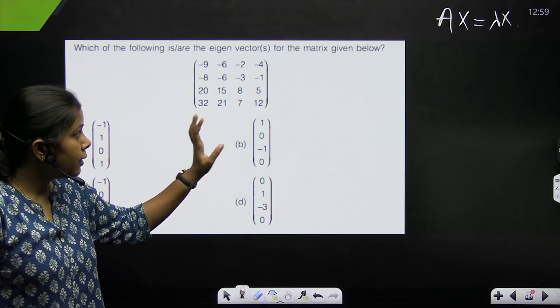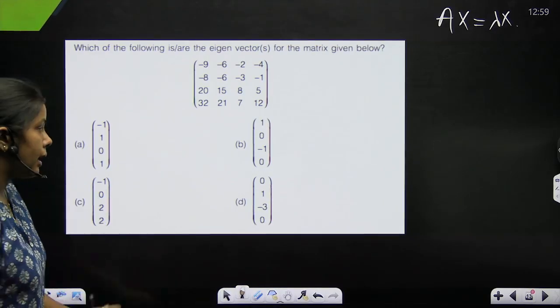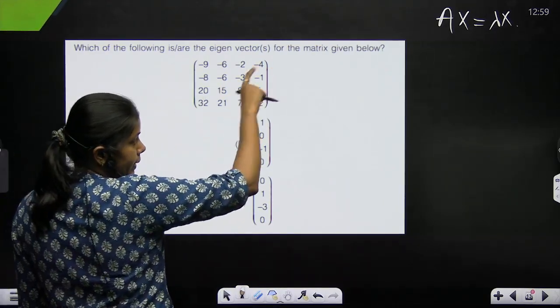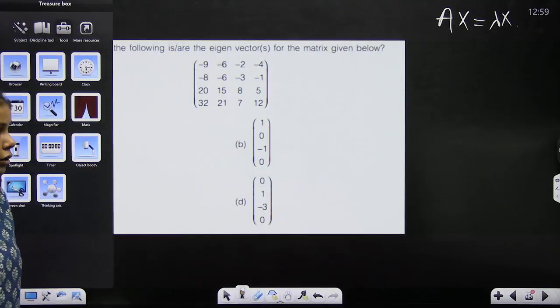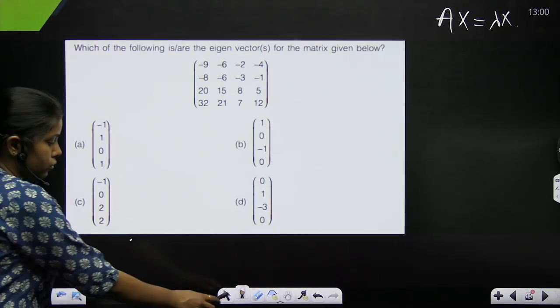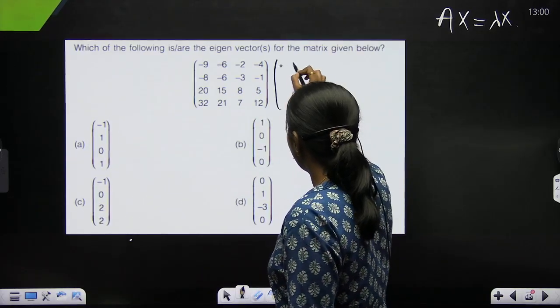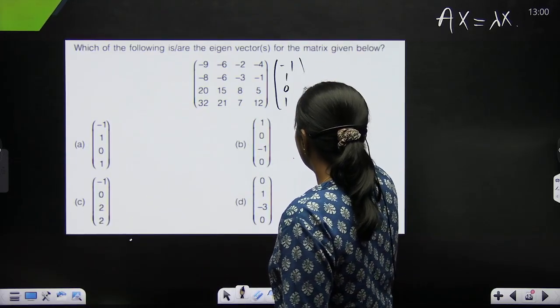So I'm going to use that. For that, I'll go through the options. I'll take this vector, multiply with this matrix and see whether I'm getting lambda x or not. And for B, C, D, I'll do the same thing. So let's do for the A part, -1 1 0 1.